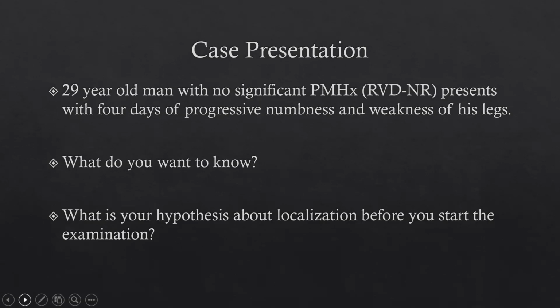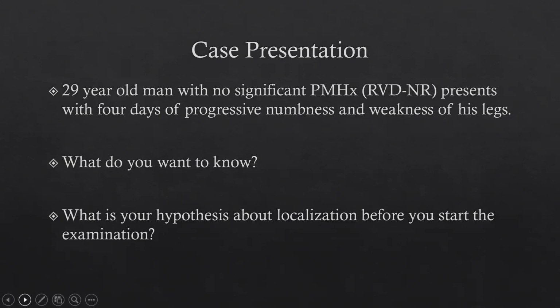In this case, you have to think about localization first before you can think about your differential diagnosis, because a problem in the peripheral nervous system versus a problem in the central nervous system might translate into a completely different differential diagnosis. This is very important as you go through your history: your HPI, review of systems, past medical history, surgical history, drug history, family history, as well as social history.